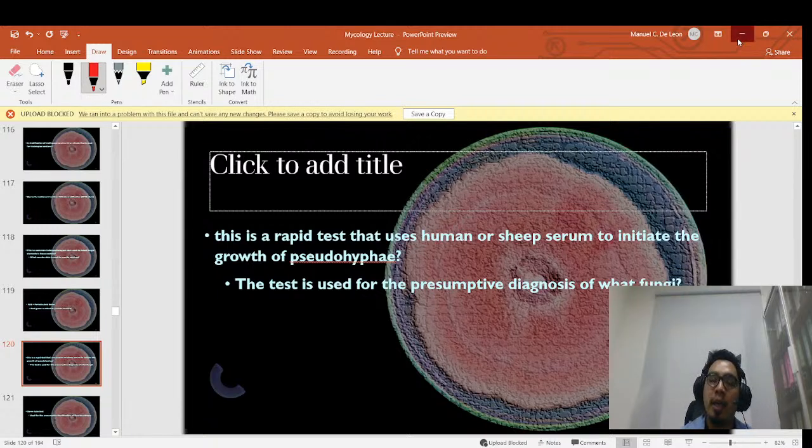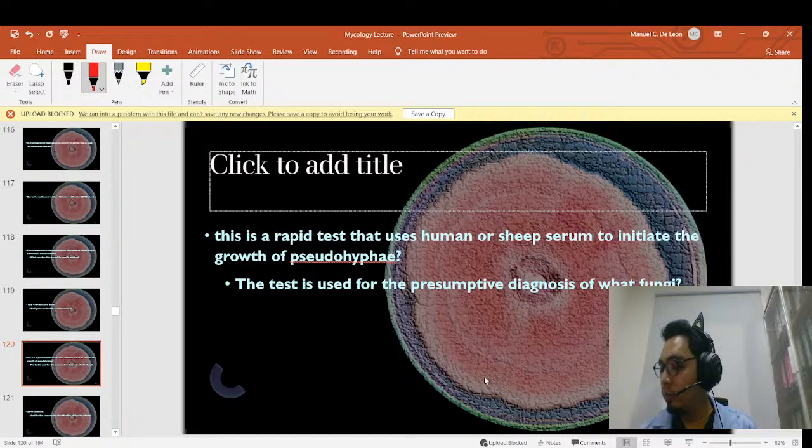The rapid test used for that uses human or sheep serum to initiate the growth of pseudohyphae. Anybody? You can again use Google if you must.